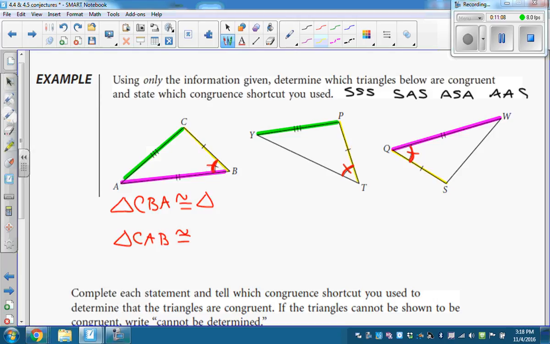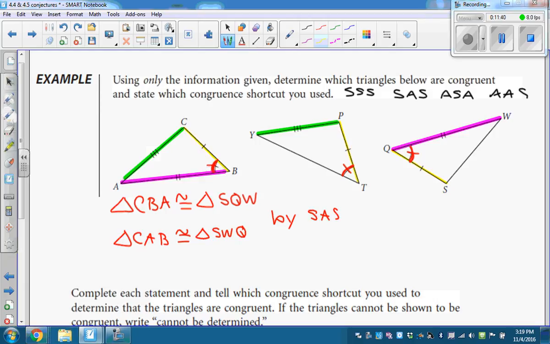If I did CBA though, it has to be SQW. And if I did CAB, it has to be SWQ. So that's, and this is by side angle side. Isn't PTY, or I don't know what order, is PTY congruent too?